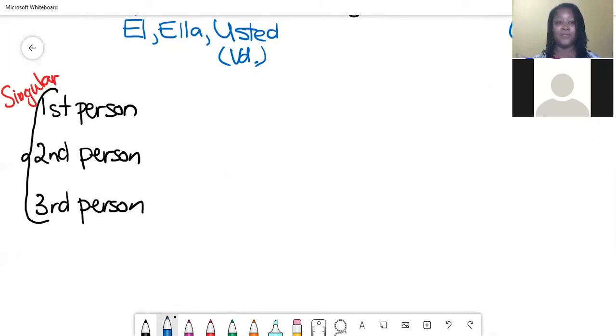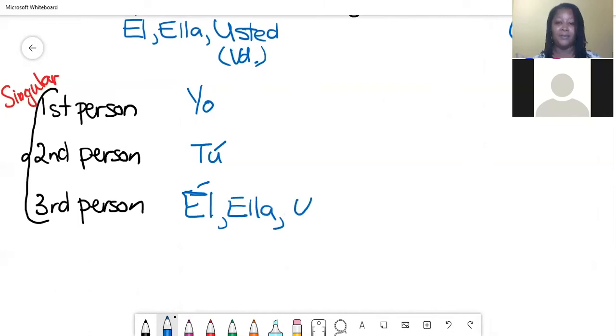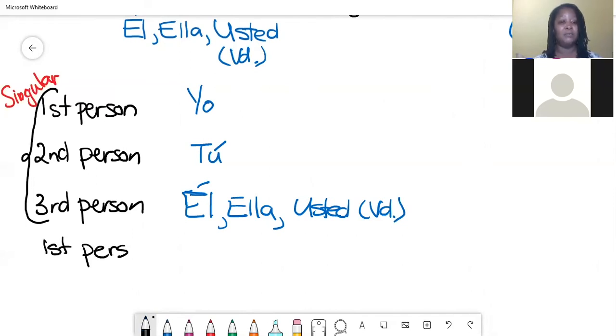For our first person, yo. Second person, tú, with an accent. Third person, él, ella, usted, abbreviated Ud. And then we move to our first person again. This is now going to be the plural section. And our third person.